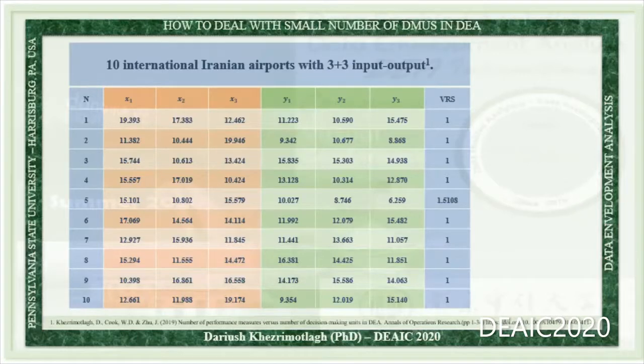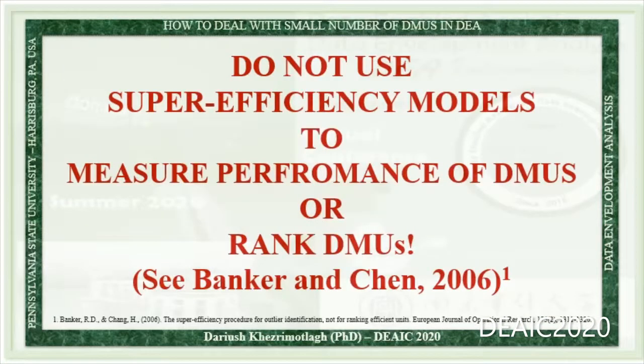From the previous study, one may mistakenly use the super efficiency model to measure the performance of these airports. However, as Bunker and Chen in 2006 and many others discussed, the super efficiency models are not for measuring the performance of DMUs nor to rank DMUs.